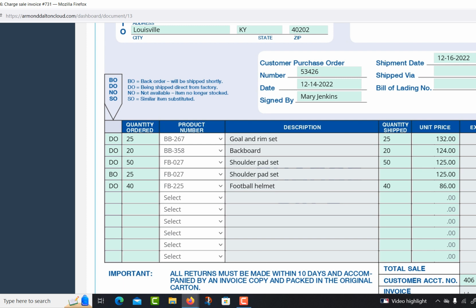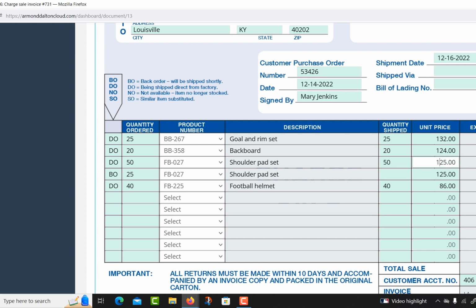That's 25 goal and rim sets at $132 each, 20 backboards at $124 each, 50 shoulder pad sets. Now remember, they ordered more than that, but it said we only had 50 available to ship. But that's all we're going to put in here for the shipment.